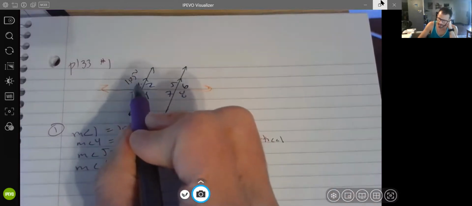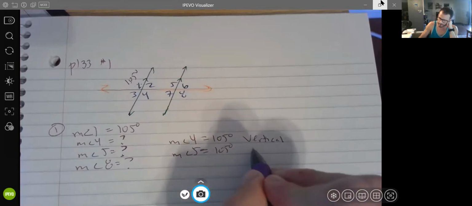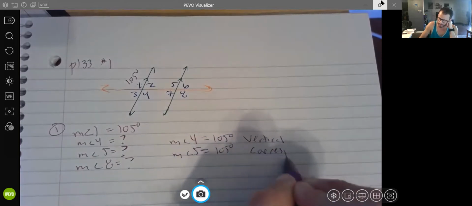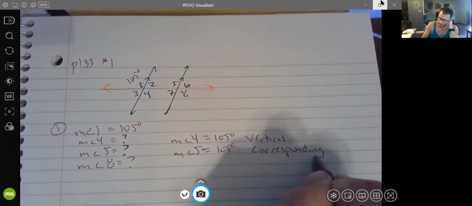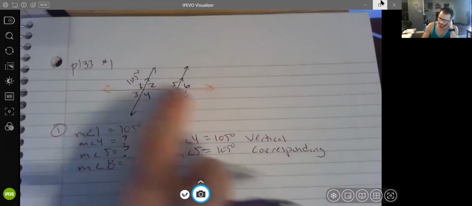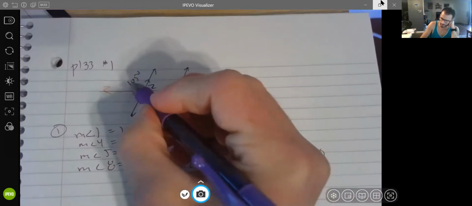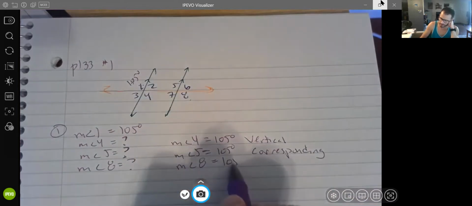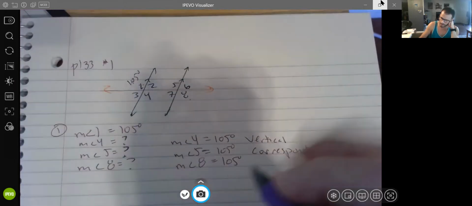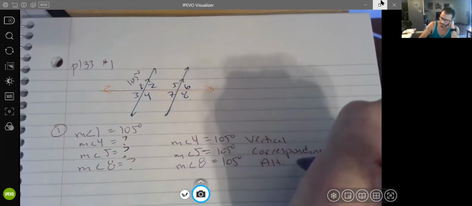Let's see. Top left of its intersection, top left of its intersection, corresponding angles. And then finally, the measure of angle 8 is equal to 105 degrees because they are alternate exterior angles.